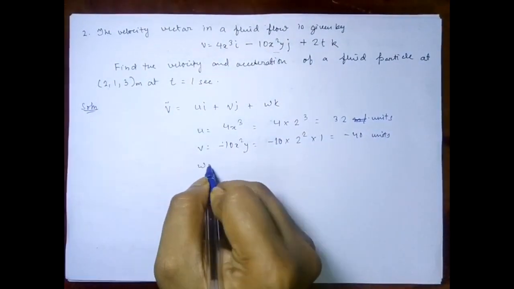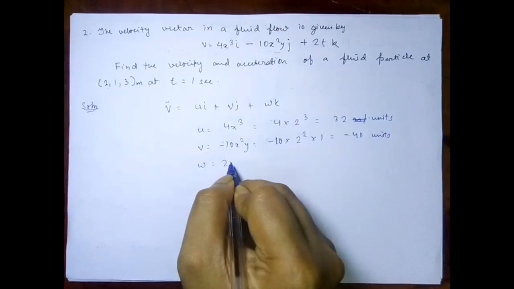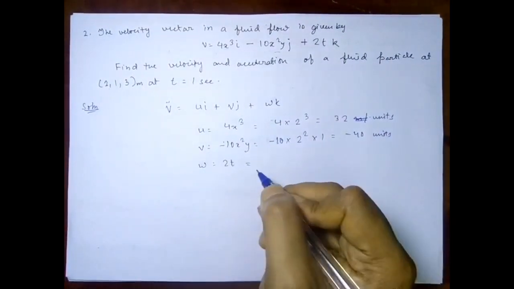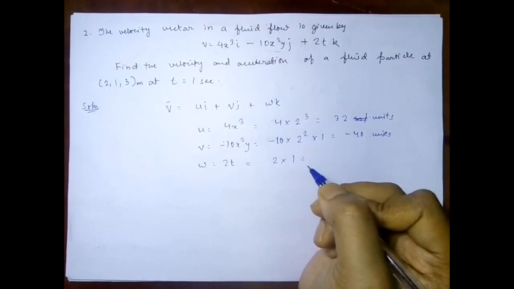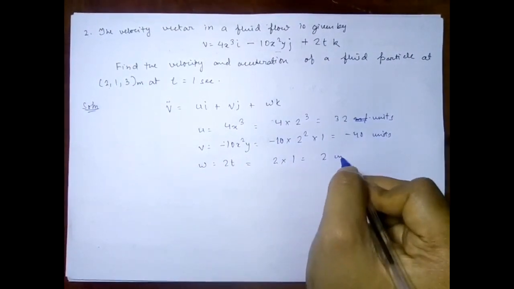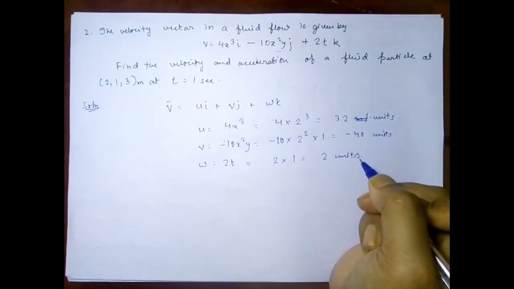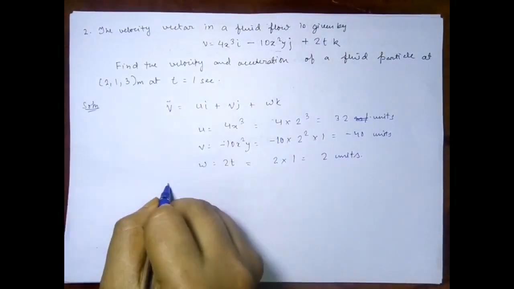And similarly we have w equal to 2t, which is equal to 2 times 1, and that is equal to 2 units.